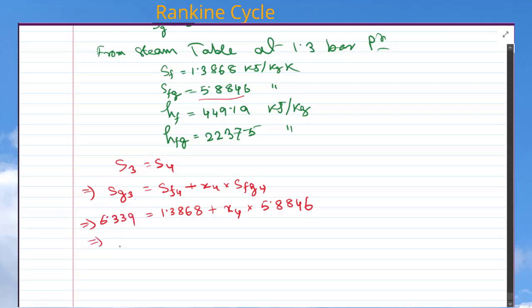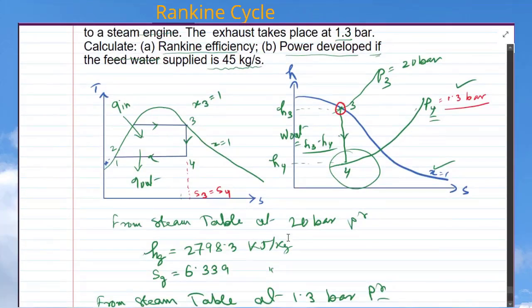If we solve this, we get X4, the dryness fraction of steam at point 4, equal to 0.84. We will use this dryness fraction value to find the value of H4.